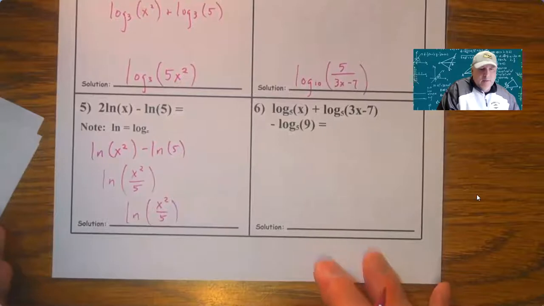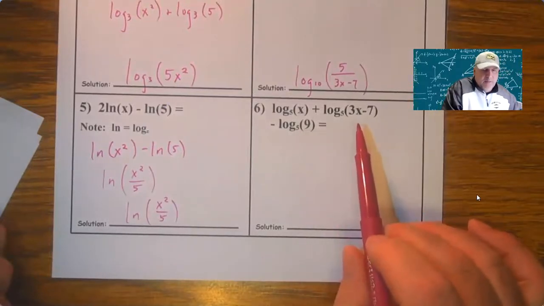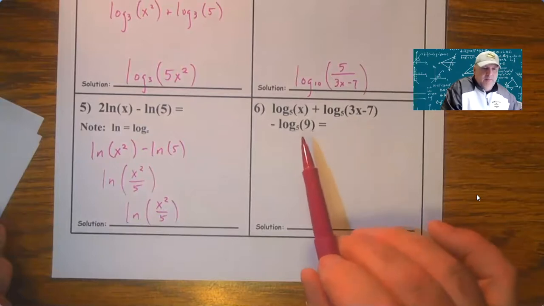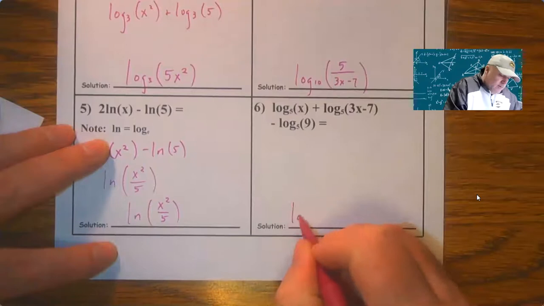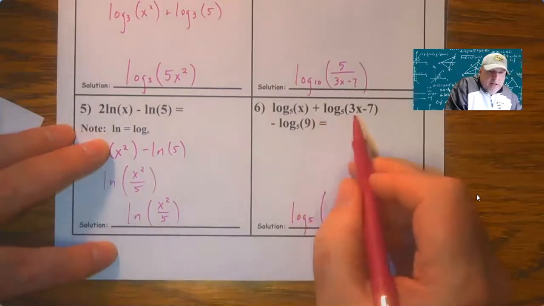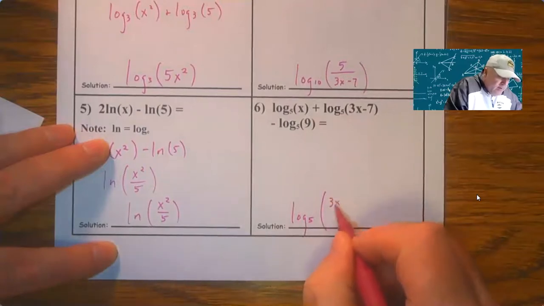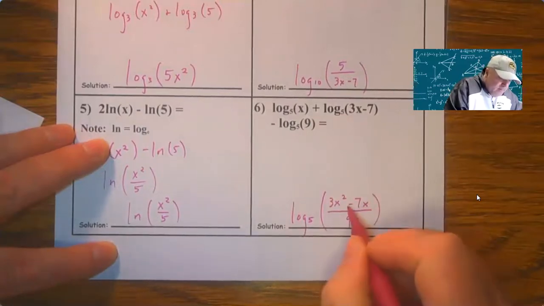And then our last one, we have the sum of 2 logs, which has got to be a product there. And then we must divide by this third one that we're subtracting. Okay, so when you multiply, you're going to get 3x squared minus 7x divided by 9.